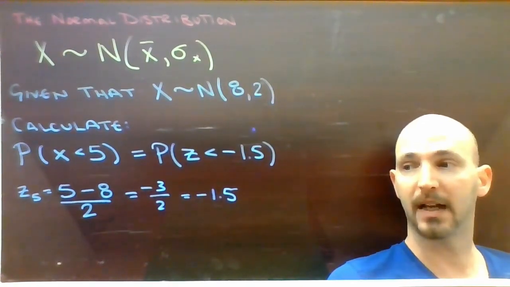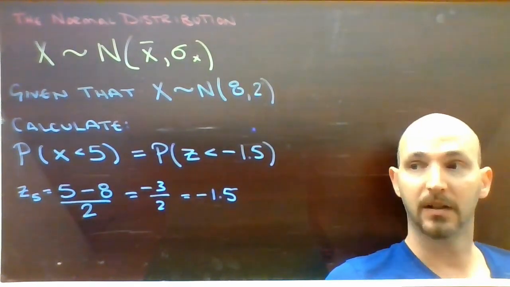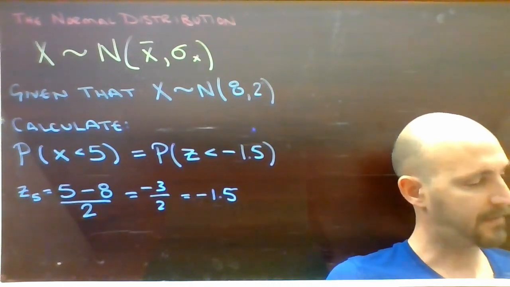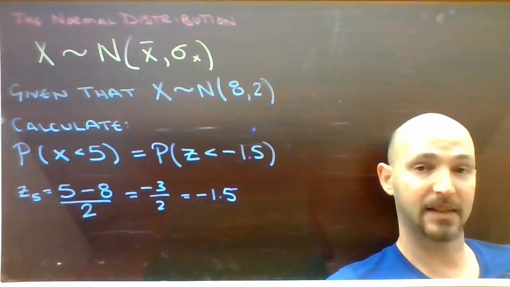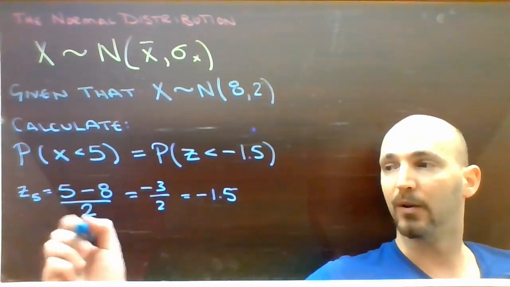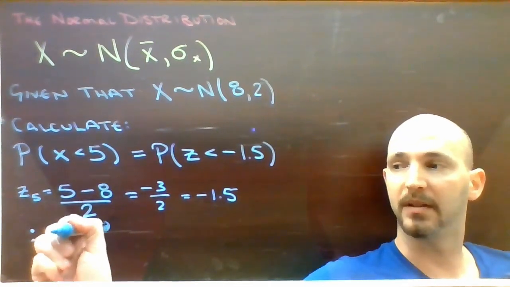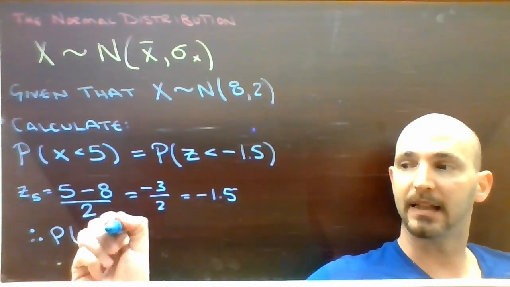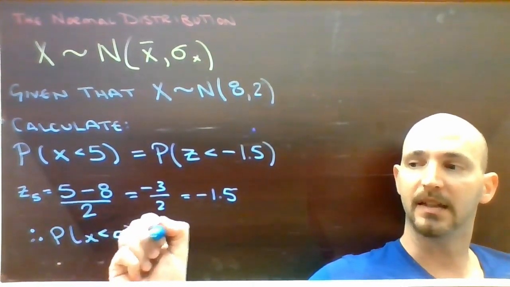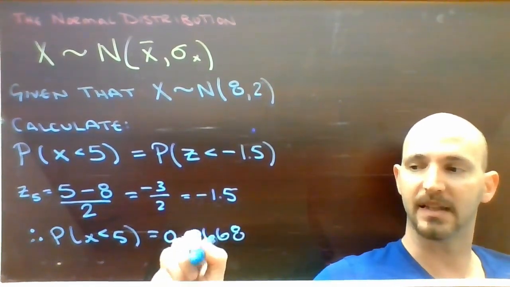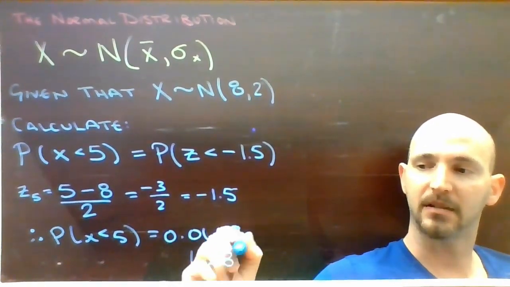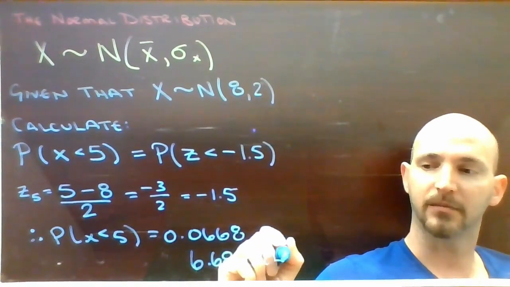So if I go and look at this particular chart, negative 1.5, I get a value of 0.0668. So therefore, the probability of finding anything less than 5 is 0.0668, which is a 6.68% chance.